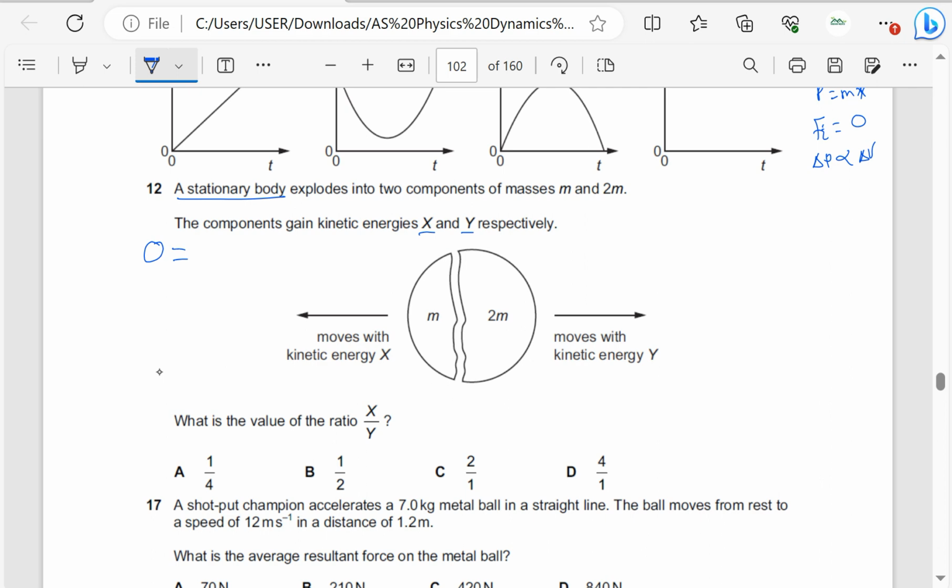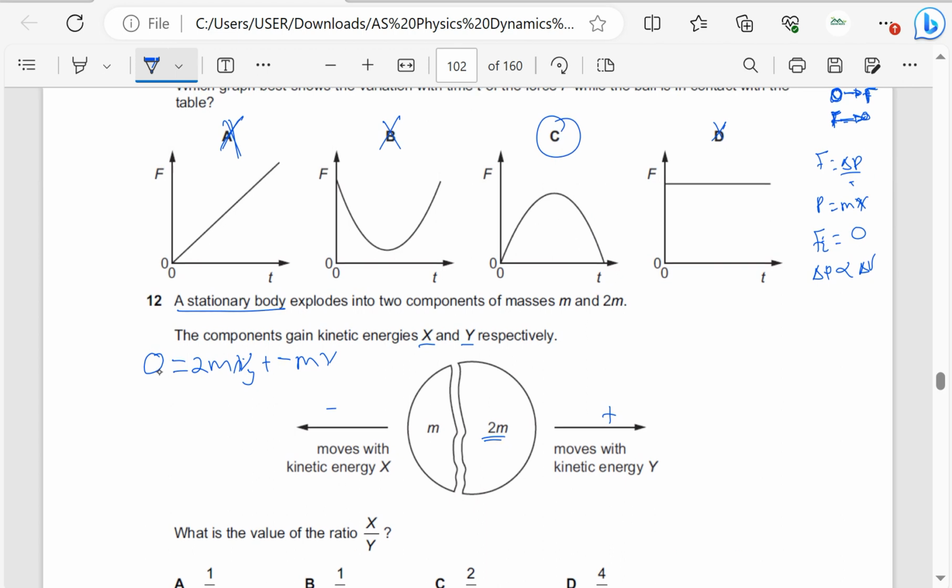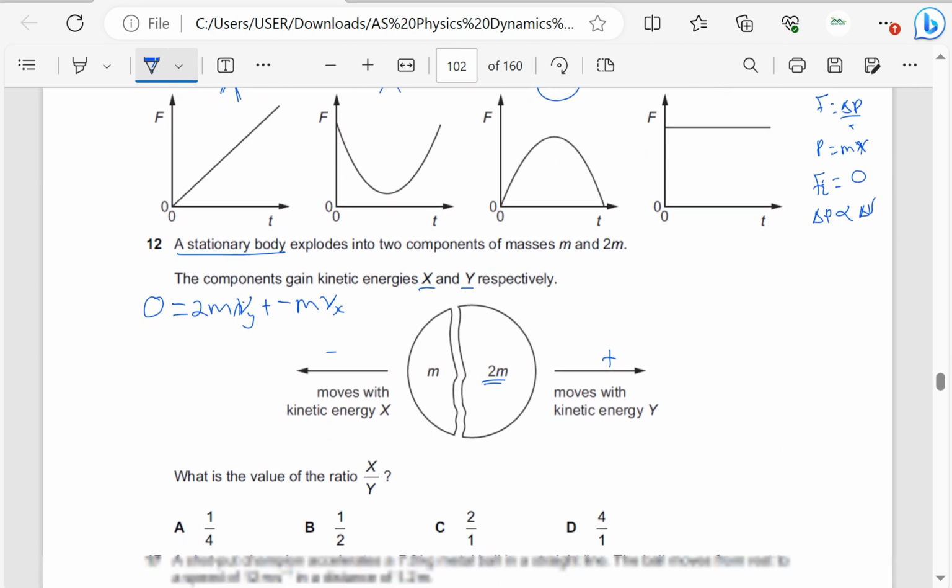Total momentum after explosion, let's say to the right positive, the left negative, will be 2m times its velocity, I'll call it vy for y, then plus negative, because it is in the opposite direction, m times its velocity, I'm going to call it vx for mass x. So if we simplify this equation, notice that vx is going to be twice vy.